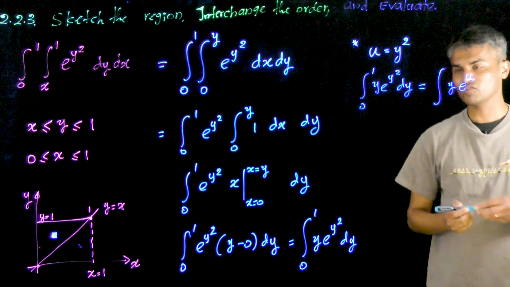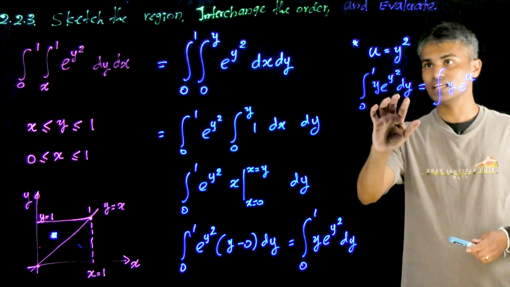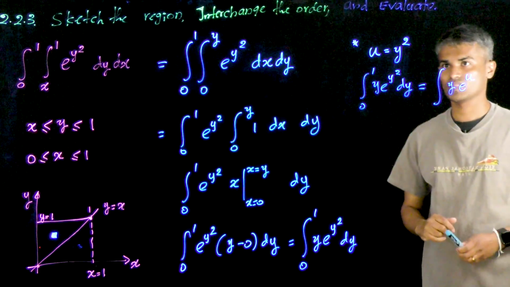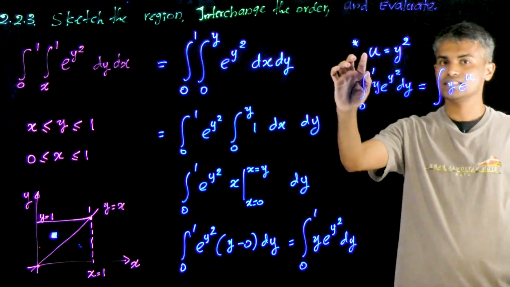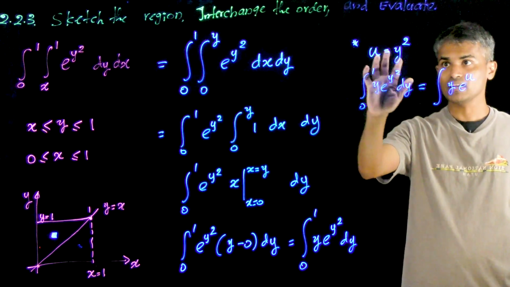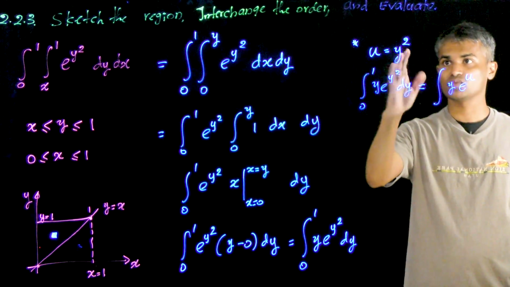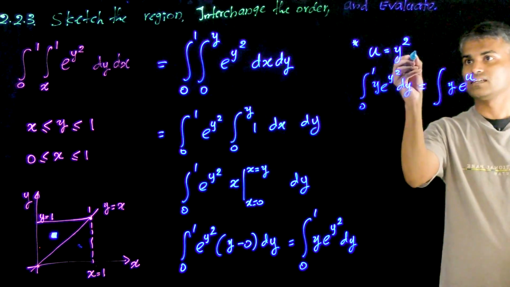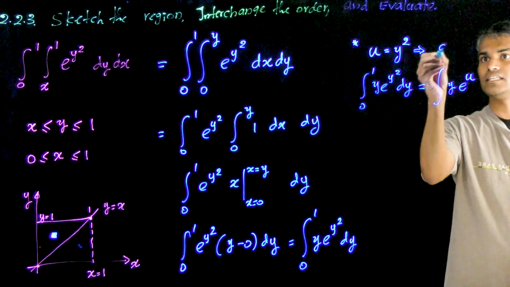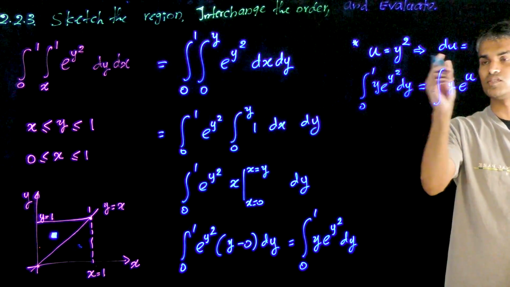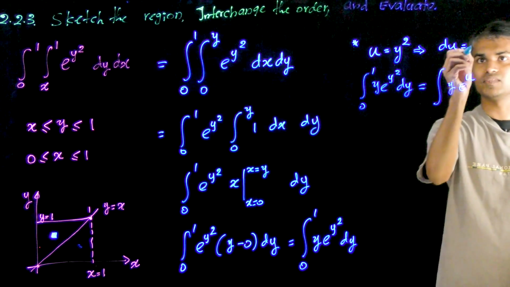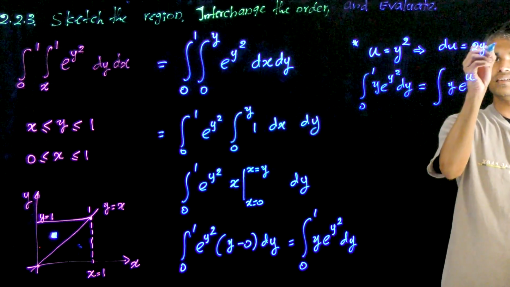Okay. Now, we want to find an expression for dy in terms of du. This is the relationship between u and y. So, basically u equals y squared, and this says du equals the derivative of this, which is 2y times dy.